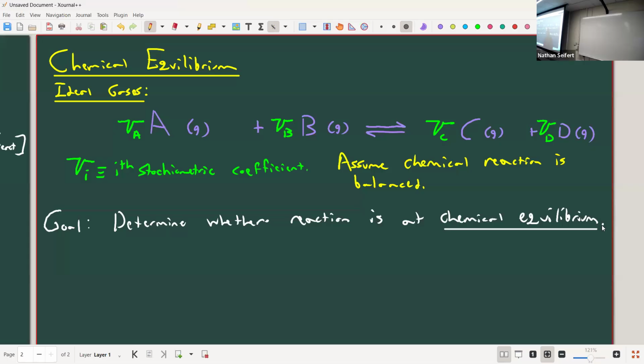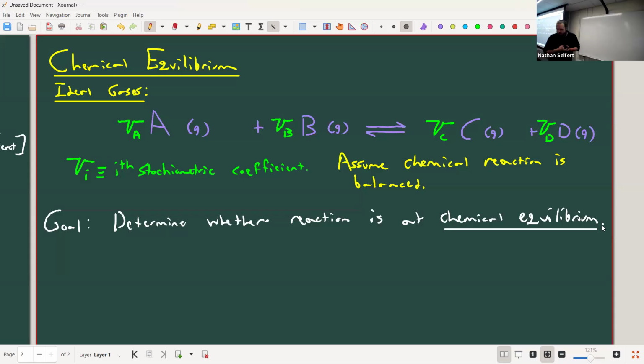Are you done? And what I want to do is use some of our thermodynamic properties to, one, determine where that point is. What is the distribution of A, B, C, and D that is the equilibrium distribution? And two, is there a way for me to measure or to quantify how far away the system is from reaching it?